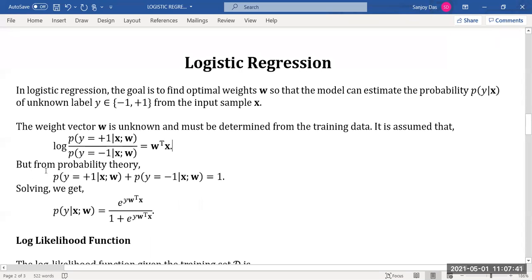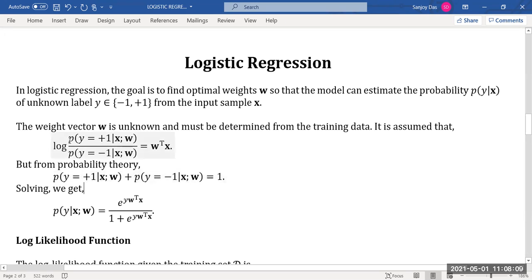Now, from probability theory, the probability that Y equals +1 given X and W plus the probability that Y equals -1 given X and W equals 1. Either it's +1 or it's -1, nothing else. So the sum of the two probabilities must always add up to 1.